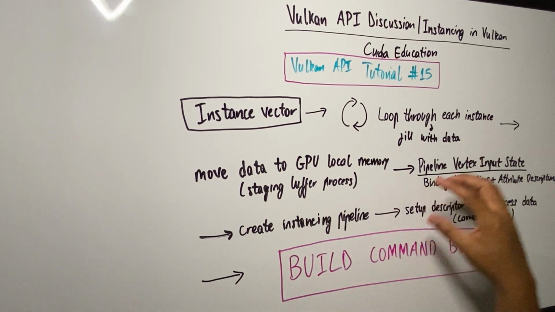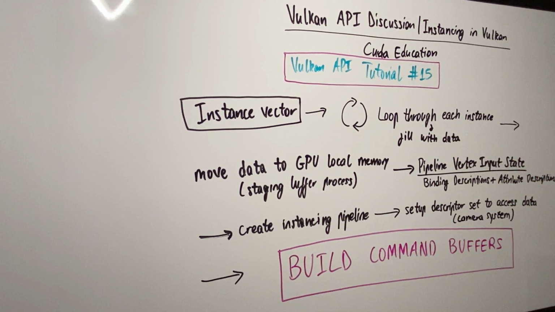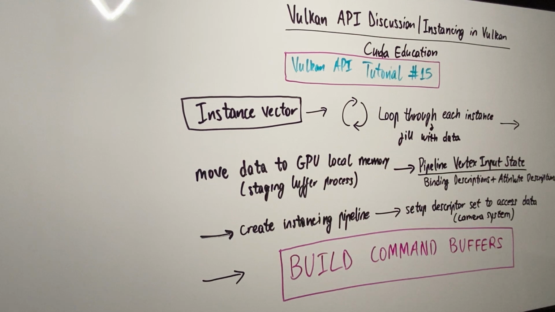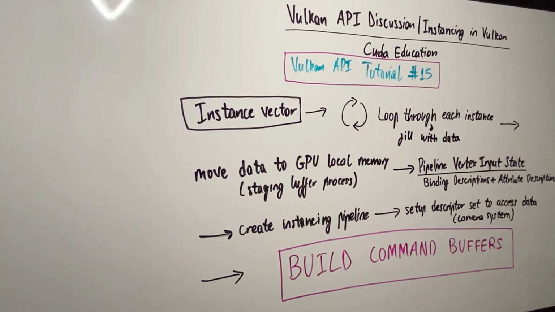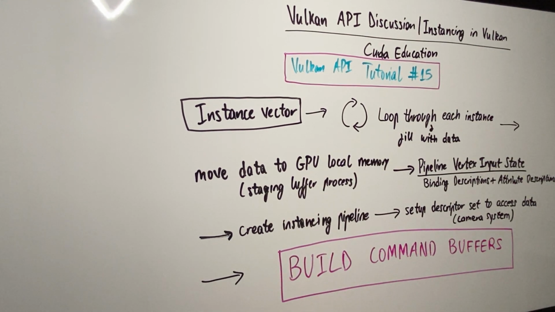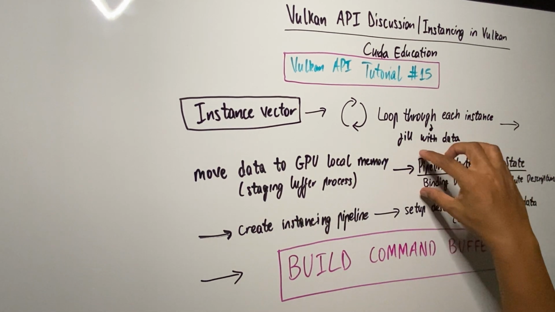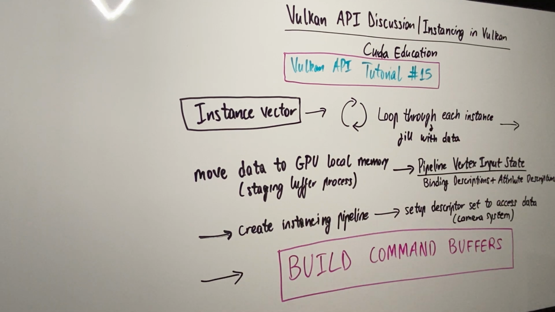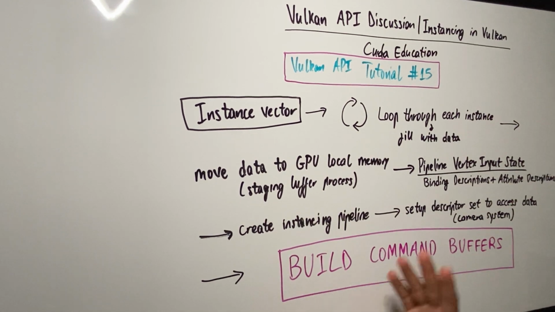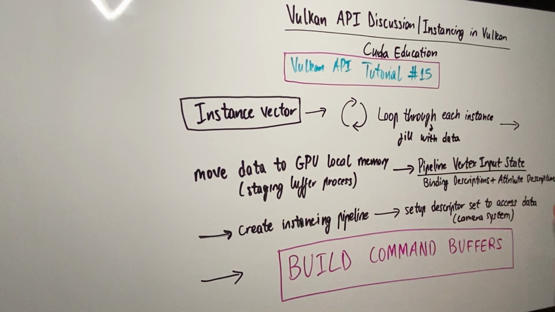Then we declare to the pipeline vertex input state what data we expect and how the layout and the format of the data is going to be, so when we push the data to the vertex shader, it knows how to receive the data and process it.